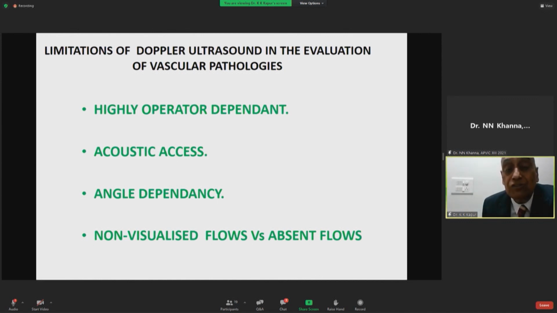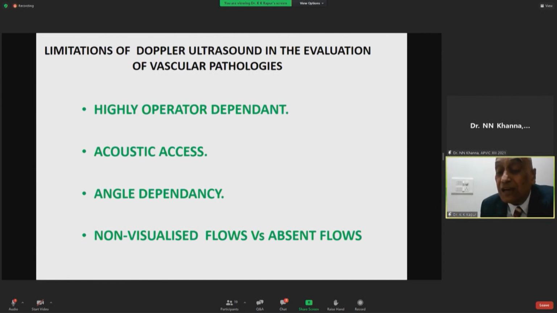The limitations of Doppler ultrasound in the evaluation of vascular pathologies are that it is highly operator dependent. You may not always have good acoustic access, and because it's a Doppler technique, it is angle dependent, and non-visualized flows may not always be equivalent to absent flows.